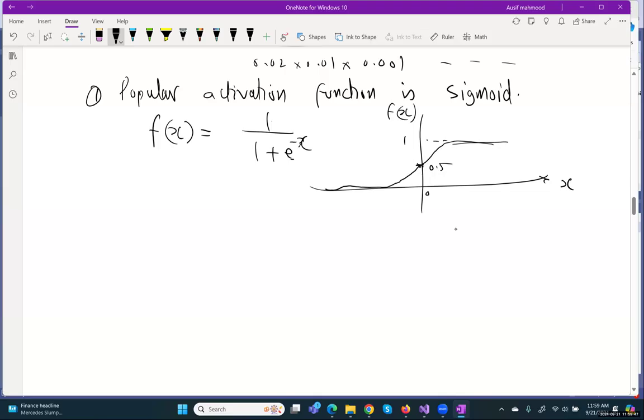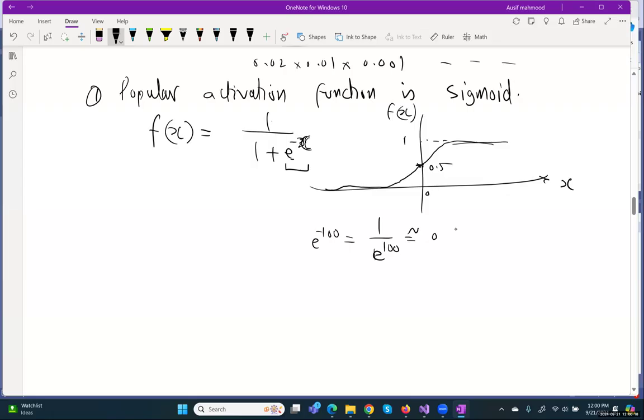If you keep x a very large value, like x equal to 100 as an example, e to the minus 100 is very close to 0, because e to the minus 100 is the same as 1 over e to the 100, which is a very large number at the bottom, so it is very close to 0. So if x is large, this term will become 0, and 1 over 1 is very close to 1, so the answer will be 1.